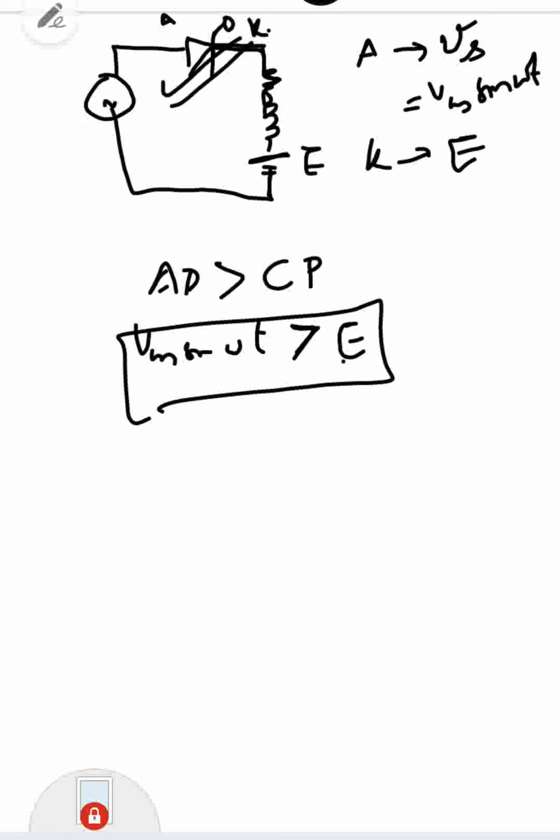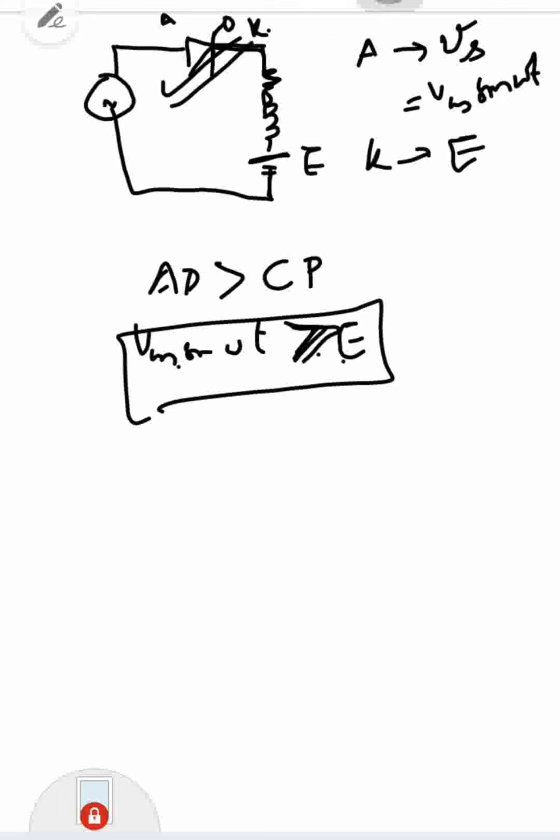Even if you supply a pulse when Vm sin omega t is less than E, the SCR won't trigger. Only after that condition will the SCR trigger.